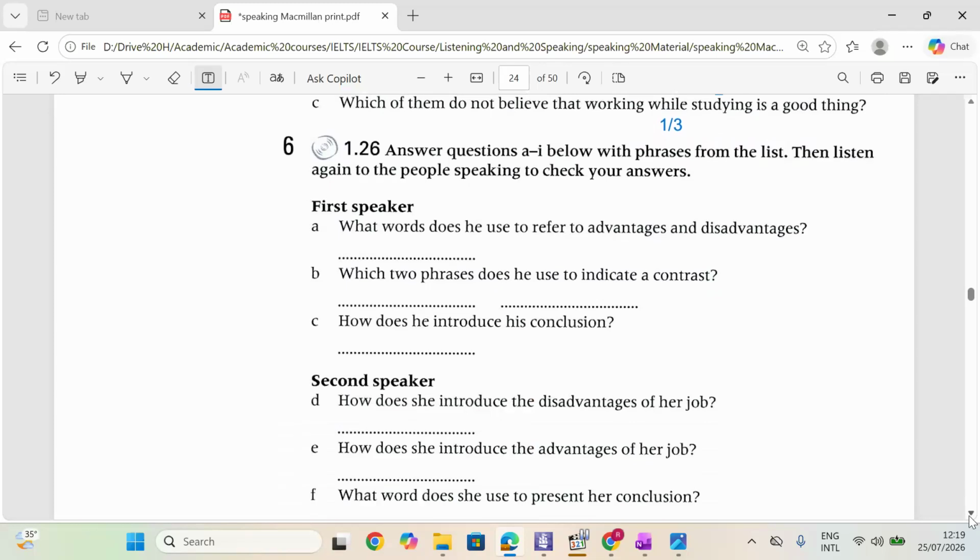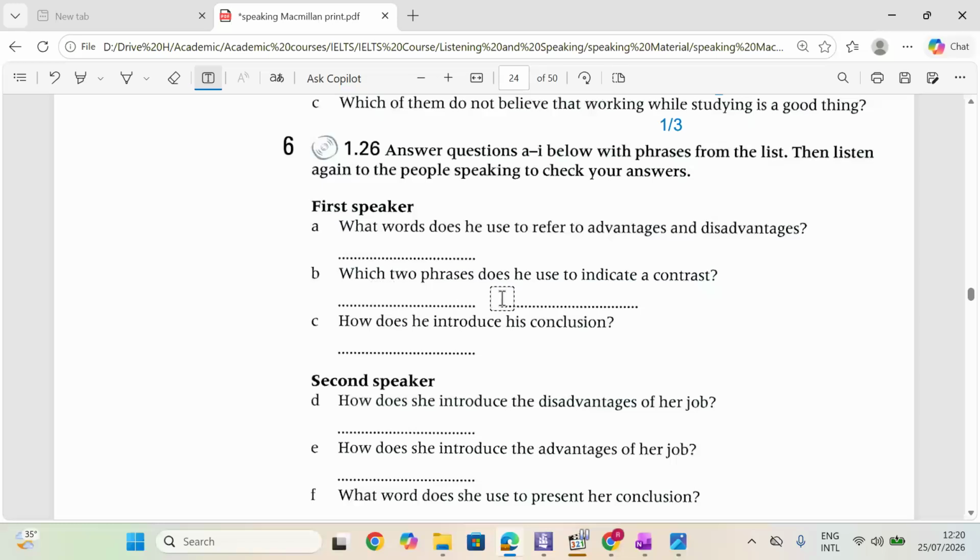It's more important than exercise 5, and we are going to listen to the same audio again for exercise 6. It will be repeated. But what we need to do here is find, for the first speaker, what words he uses to refer to advantages and disadvantages. Listen again to the first speaker and find out what words he used to refer to the advantages and disadvantages. For sure it will be 2 words.